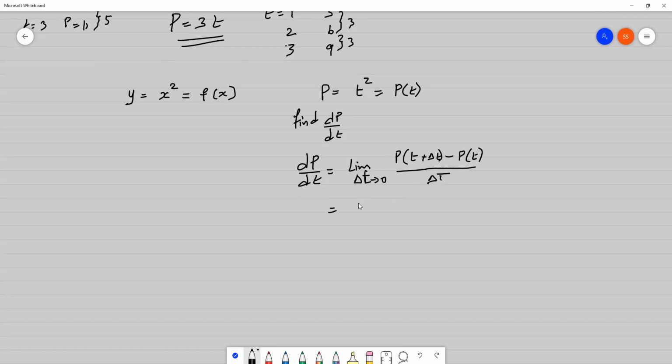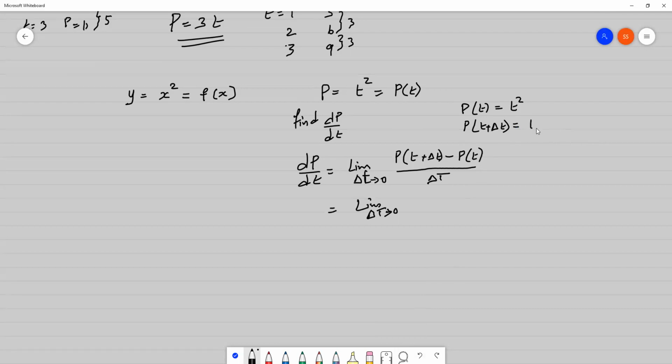So this will become limit del t tends to 0, p of t plus del t. Here we know that p of t is given to be t squared. So p of t plus del t will be, instead of t you substitute t plus del t.